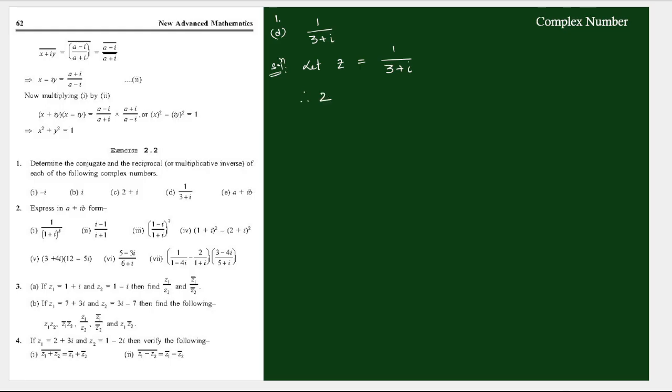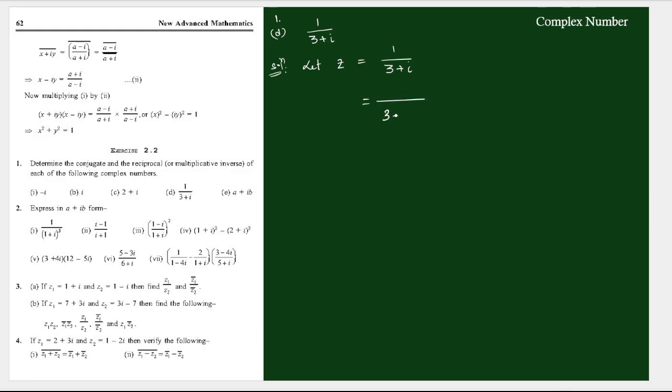So therefore z bar would be how much? Okay, we cannot write 3 minus i here. So we need to remove this one first. This will come later. First we need to solve that one. The denominator one we have to remove. There should not be i in the denominator.